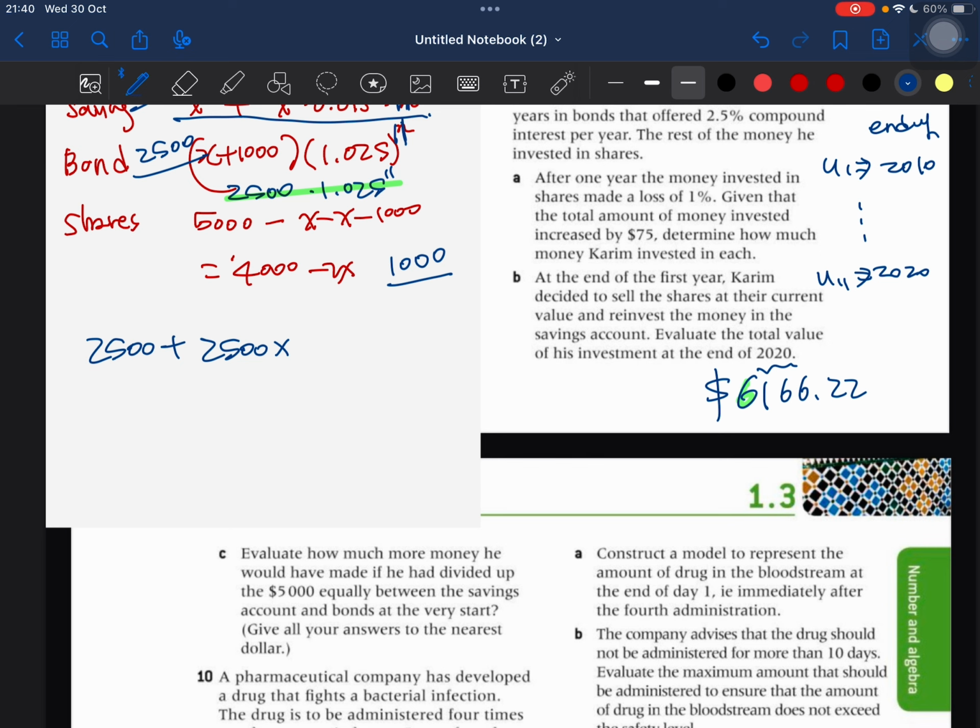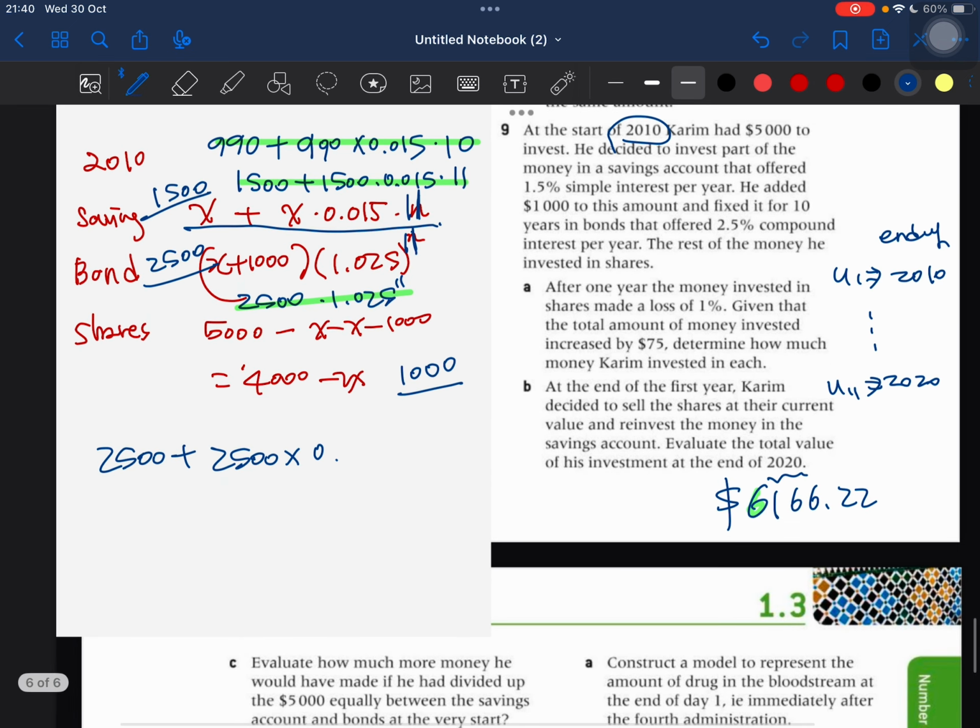The interest rate was 1.5% and 11 times. He will get the interest 11 times plus bond 2,500 times 1.025 to the power of 11.